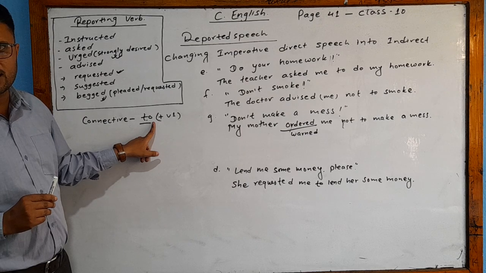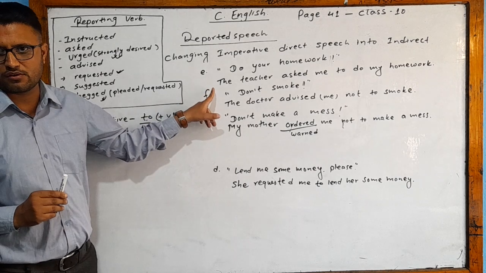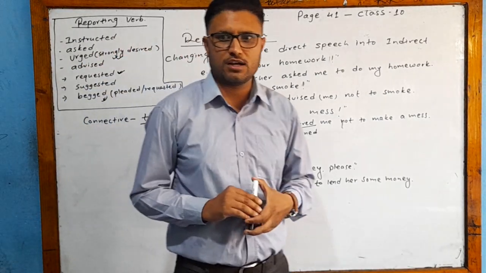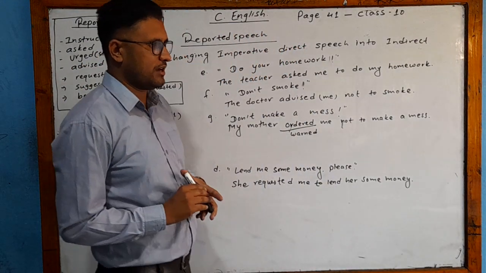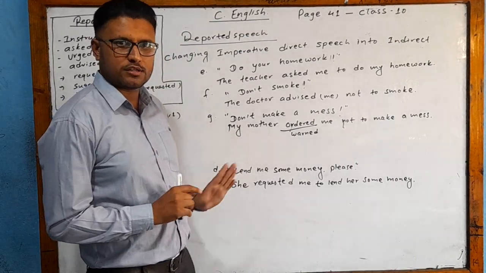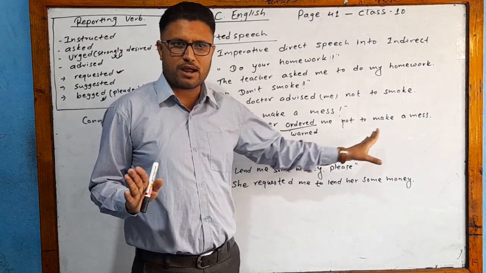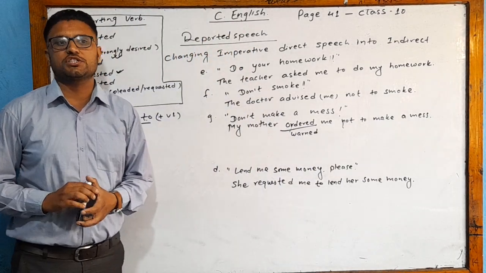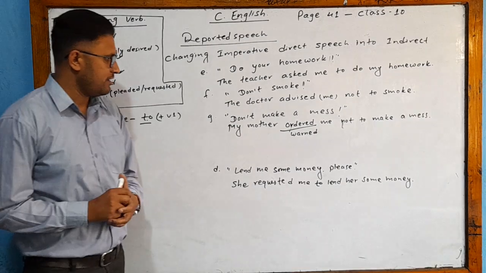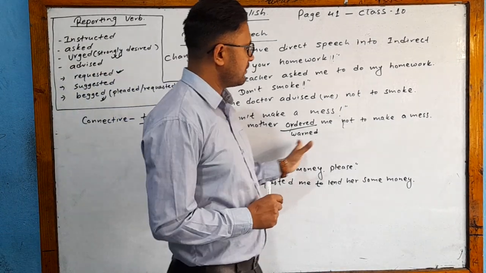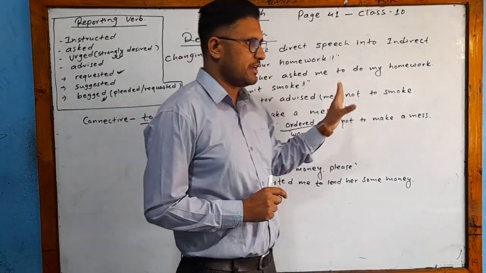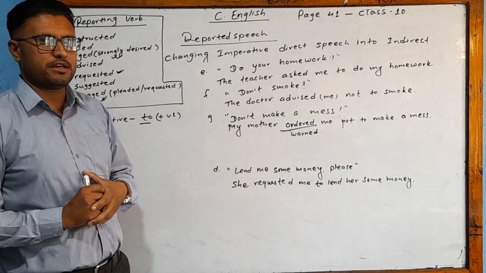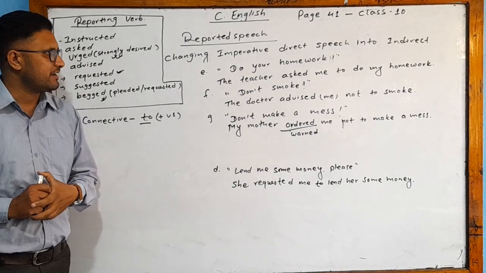And if the sentence starts with a negative marker, then don't forget to use not to plus one. Alright, and we remove the inverted commas, and the sentence becomes assertive, ending with a full stop. So in this way we change direct speech into indirect, and especially imperative direct speech into indirect.